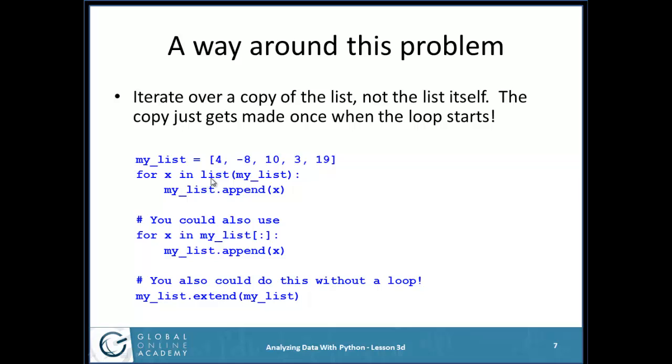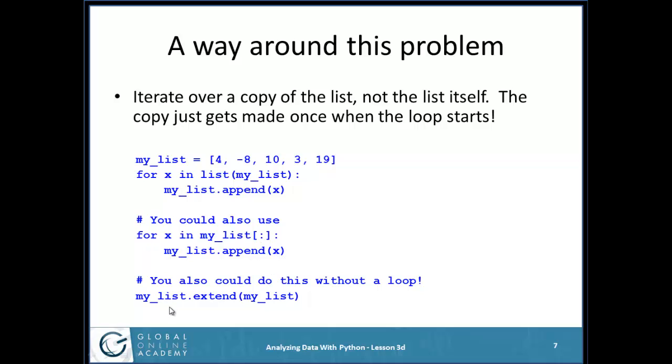Instead of saying list(my_list), you could just say for x in my_list and give it a slice that goes from the beginning to the end, because you're leaving out the values in the slice notation. So it's going to give you everything in the list. It makes a copy. That slice is a copy of those 5 elements, and you can go through your loop that way.